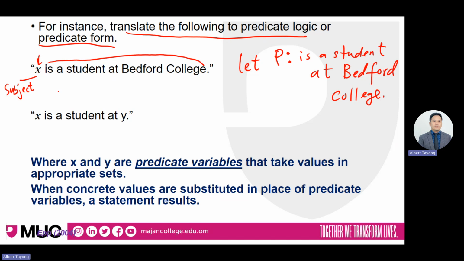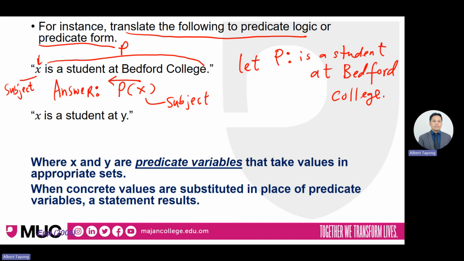So our answer here would be like this. We are translating this sentence into predicate form. We start from the right. This is the subject inside the open and close parentheses. And we go to the left, and the left is our predicate. So our predicate is "a student at Bedford College".